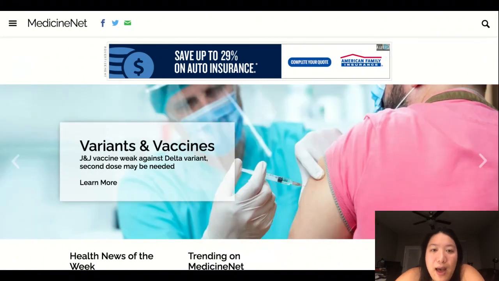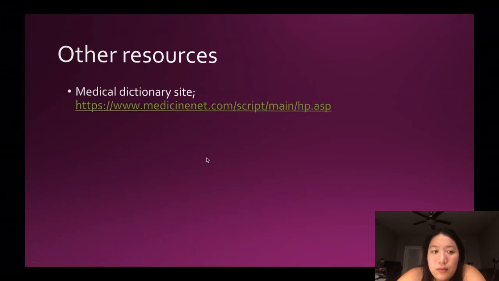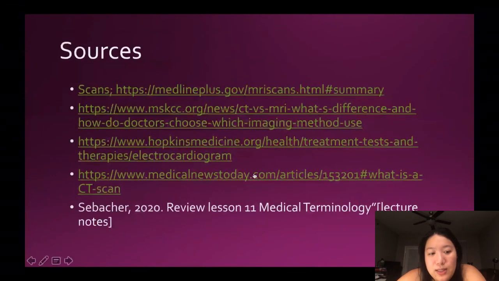And then going back to the PowerPoint slide, here are my resources that I used. And, of course, the imaging is found on Google Images online. So here you go.